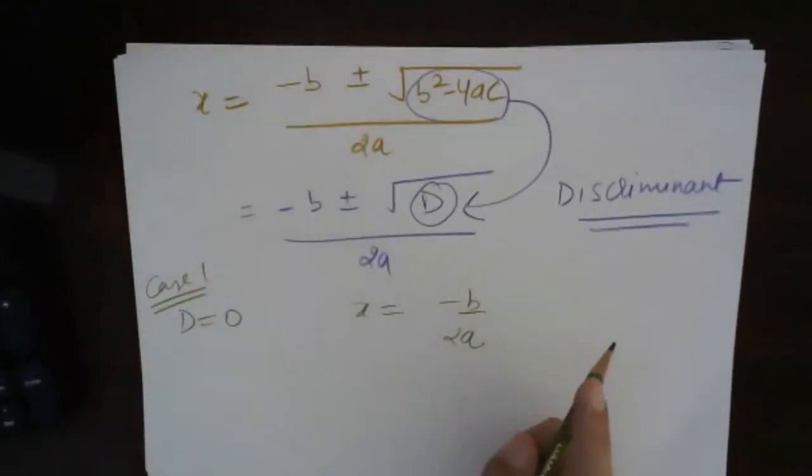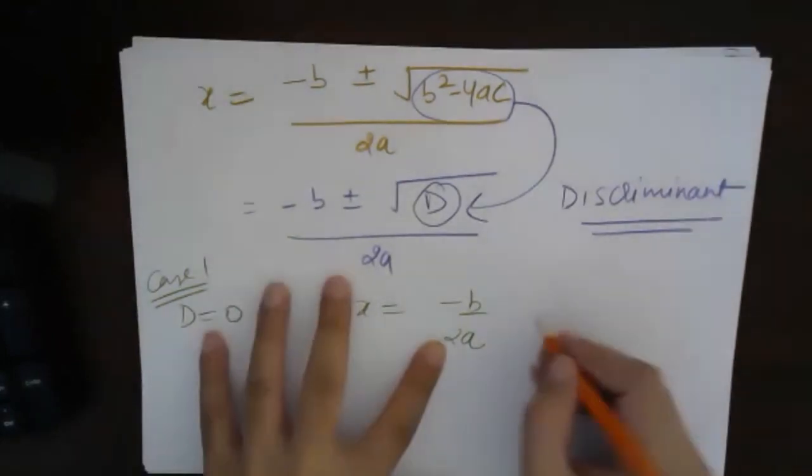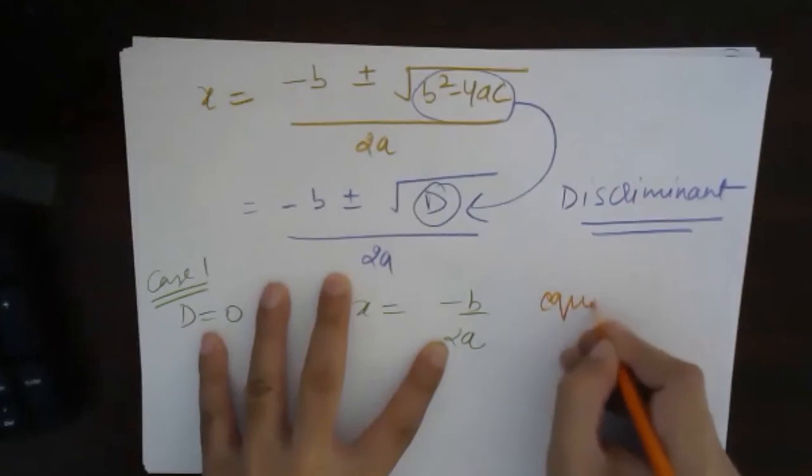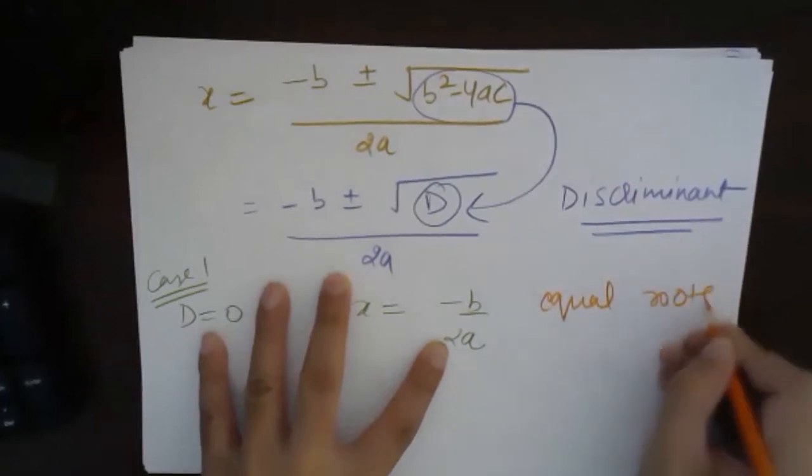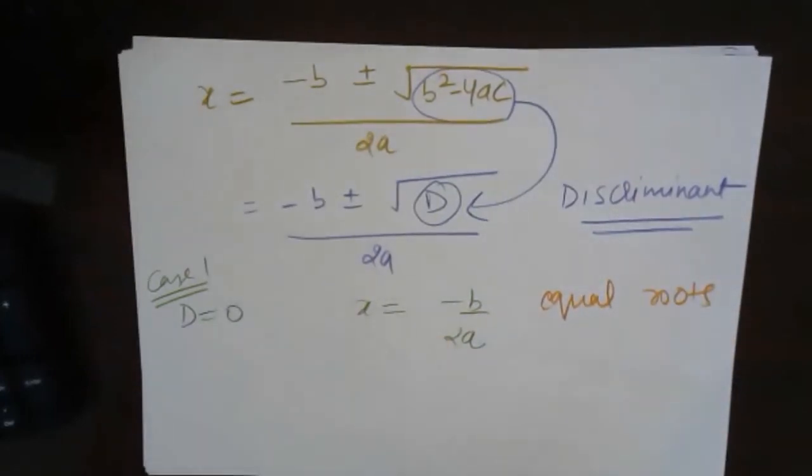But what is actually happening in this case is that this is not just one root, these are equal roots. We are still getting two roots, but both roots are equal. Both roots are the same root, but how many roots are we getting? We are getting two roots. Always, a quadratic equation will always give you two roots.